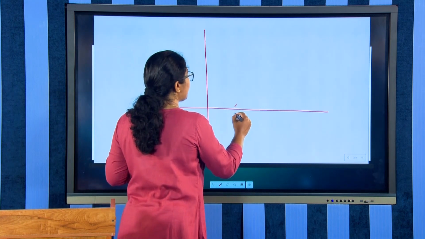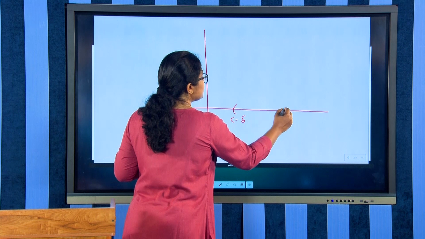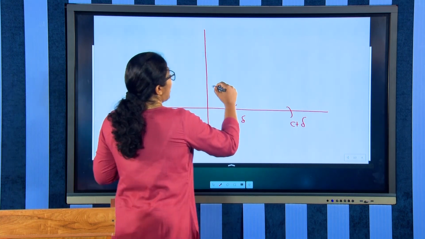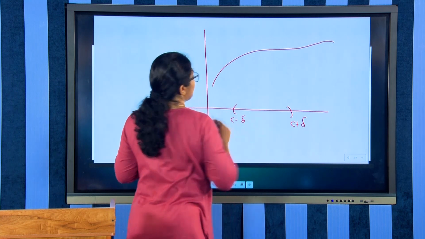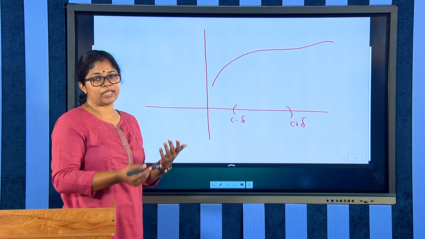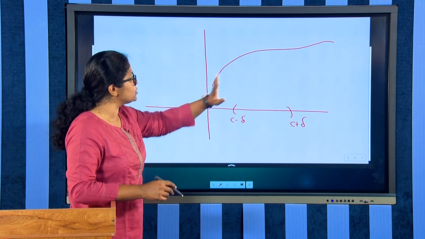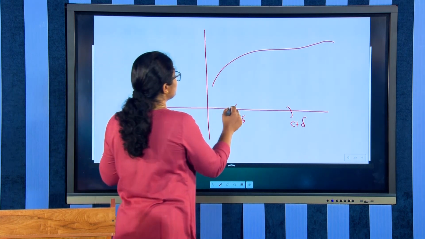So, we have c minus delta, c plus delta as the open interval here. We have the function f going something like this. We do not know whether it is a function with no breaks or a function like this. It is a random function given.